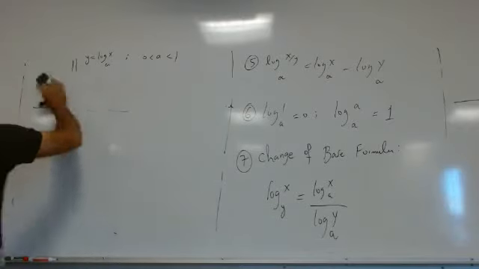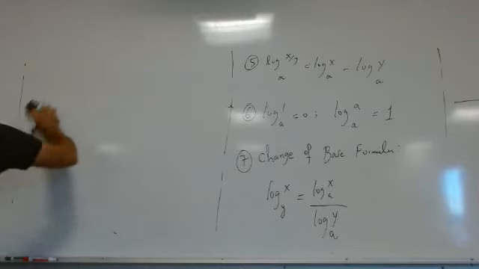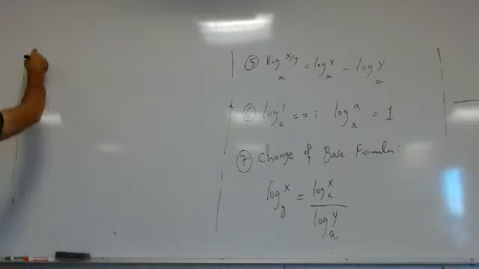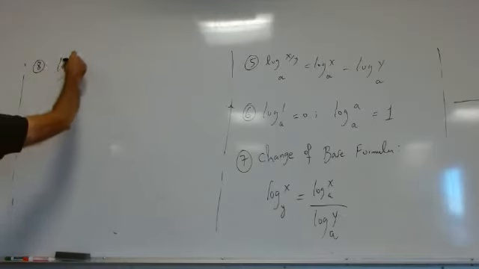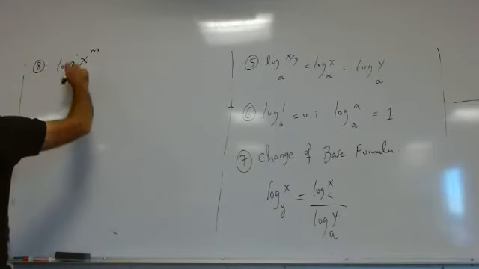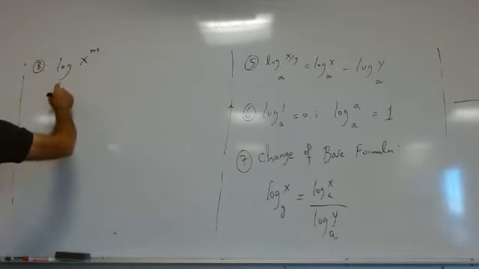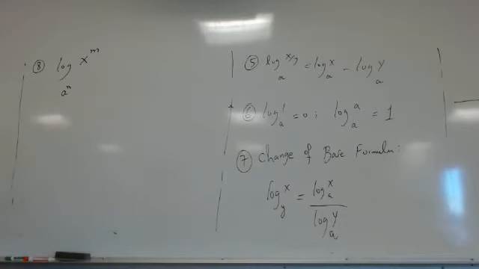There is also another formula. We call it formula number 8. Let's say the argument has some power and the base also has some power: log x to power m in base a to power n. Well, we said that we can take this m out as a coefficient in front. What about this power n?